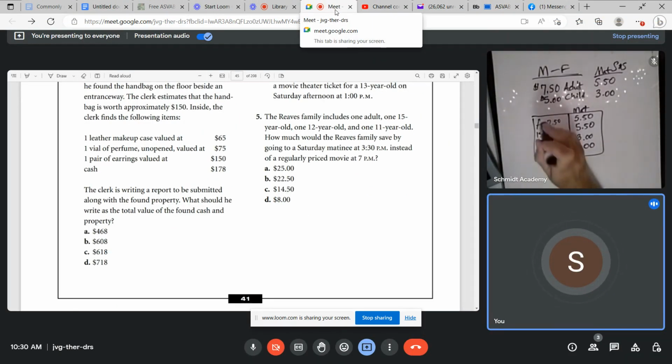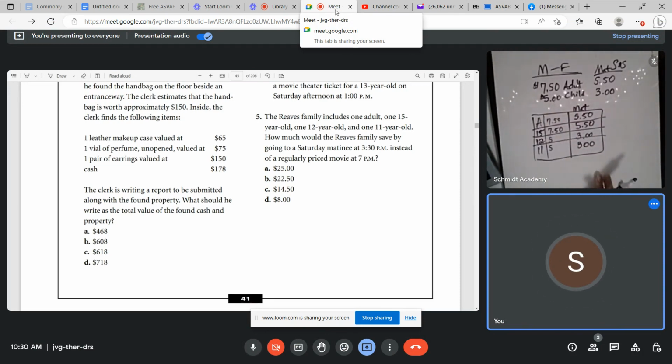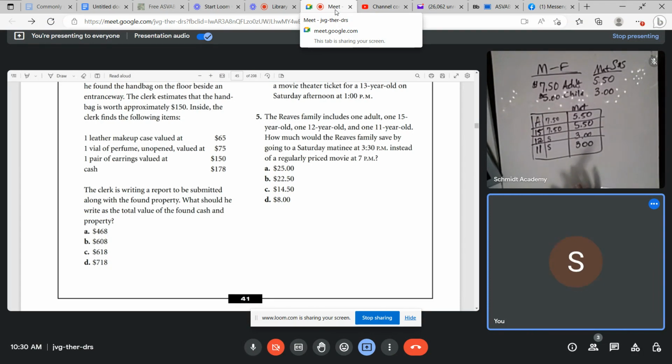So we have a little table here. We've got the adult, the 15-year-old, the 12-year-old, and the 11-year-old and their costs. And make sure we don't just give a total for one of these columns. Let's look at the actual question. It says, how much would they save? So $7.50 and $7.50 is $15. And then 5 and 5 is 10. So 15 and 10 is 25 if they go with the normal time.